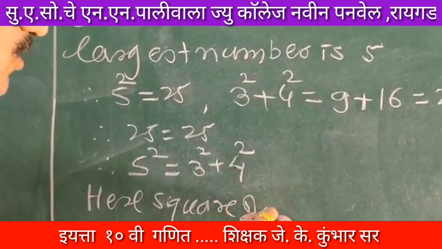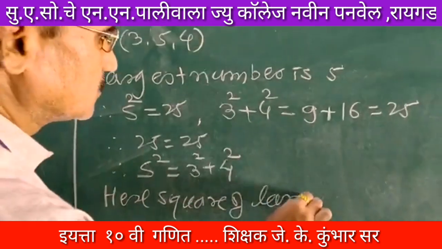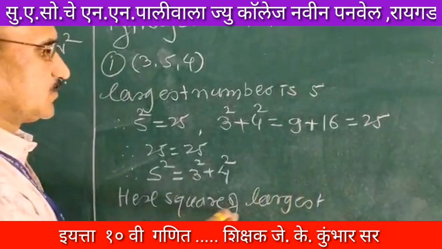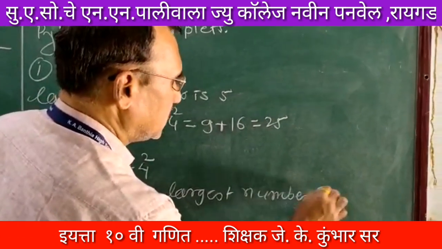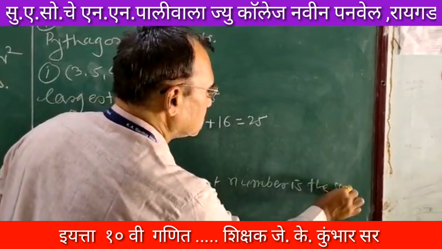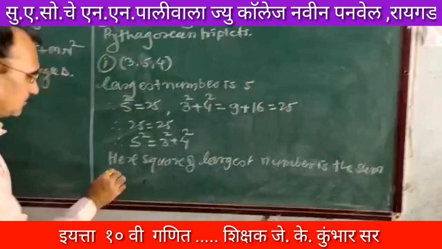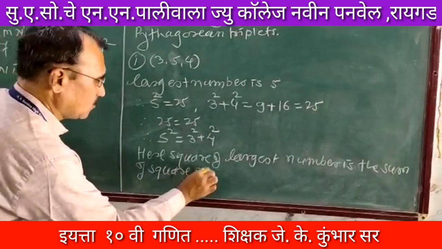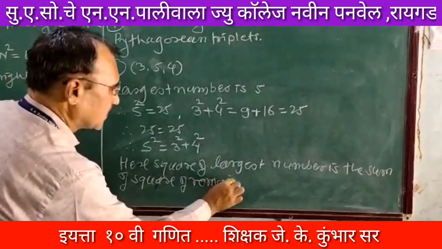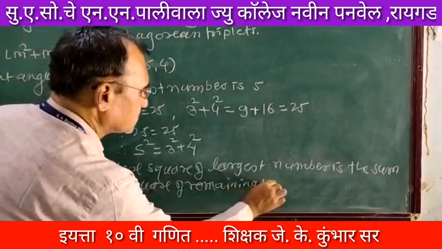That means here we can write: square of the largest number is the sum of squares of the remaining two numbers.